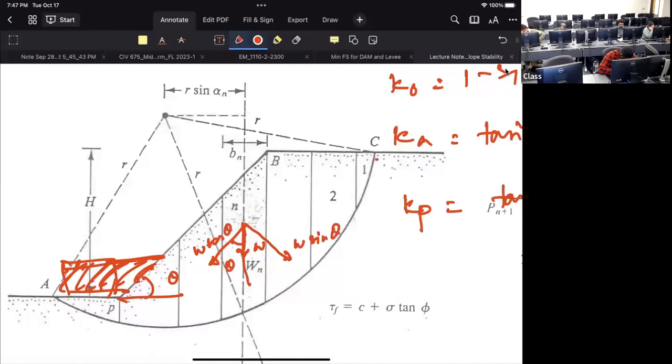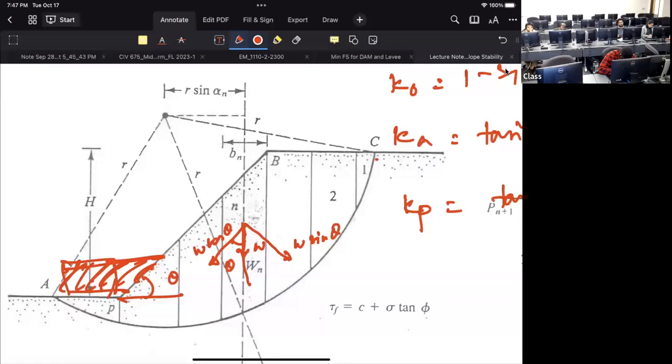So is W sin theta your friend or enemy? W sin theta is your friend? It's trying to pull it inside, so that is your friend. W cos theta is your enemy?